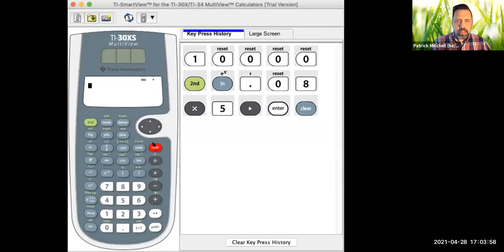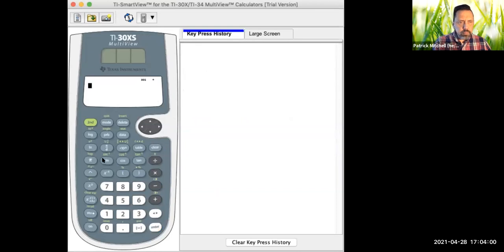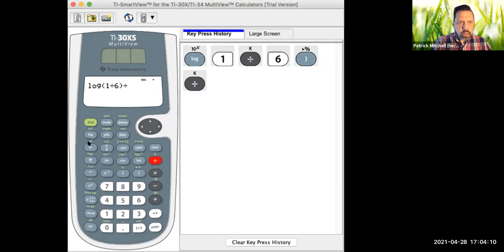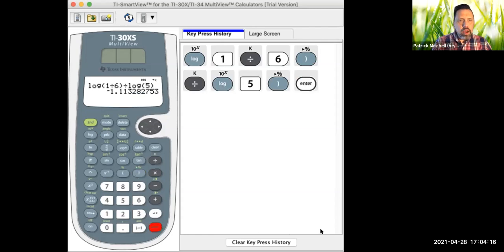You do have to be careful. Okay, log of 1/6, and then I'm going to say divided by log 5. And to 4 decimal places, that comes out to about negative 1.1133.